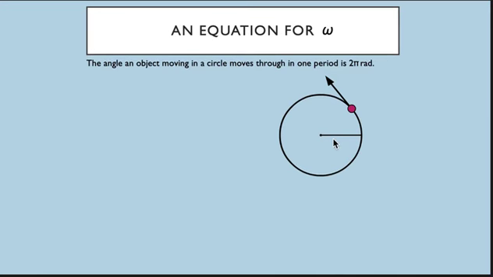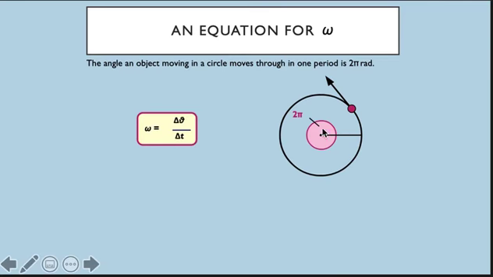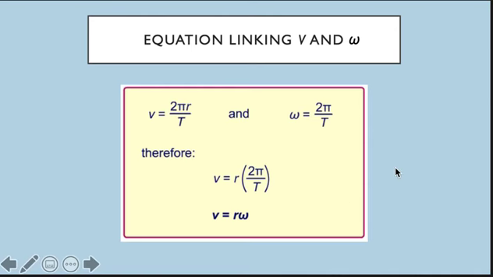All the way around a circle is 2 pi radians. So delta theta divided by delta t, the angle moved through in a certain amount of time, is our angular velocity. We're looking at how much angle we've moved through now rather than the distance. So if we've moved through 2 pi radians in one time period, then our angular velocity omega is 2 pi over capital T.